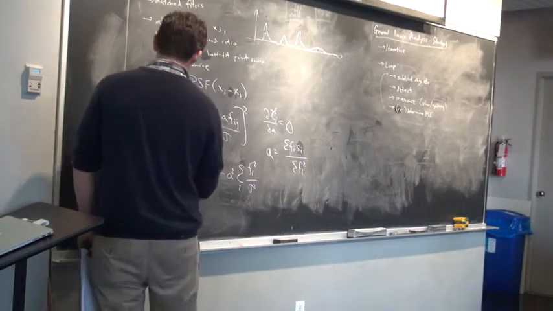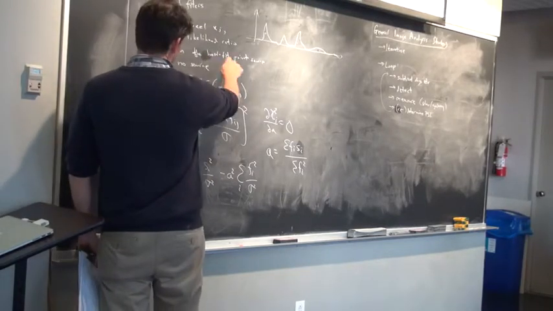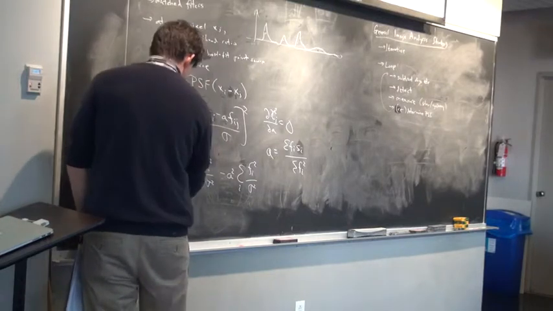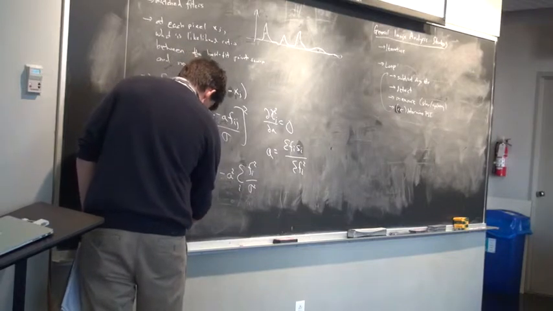And in fact, I can now write down the chi-squared assuming no source, chi-squared not j, and of course that's just the same expression with A equal to 0.